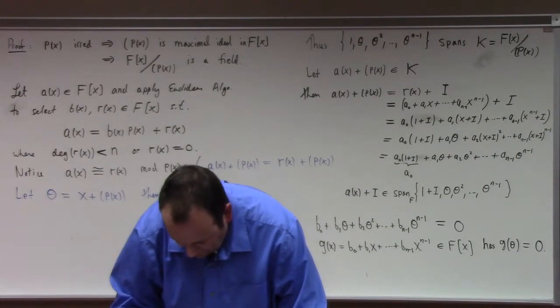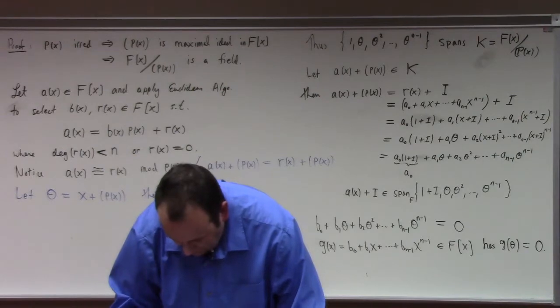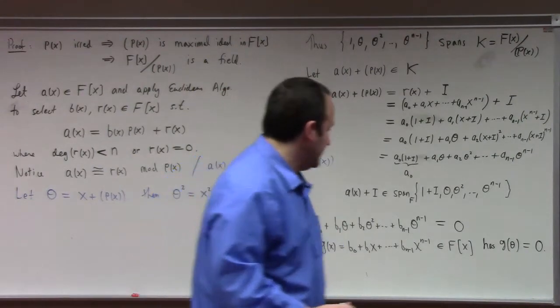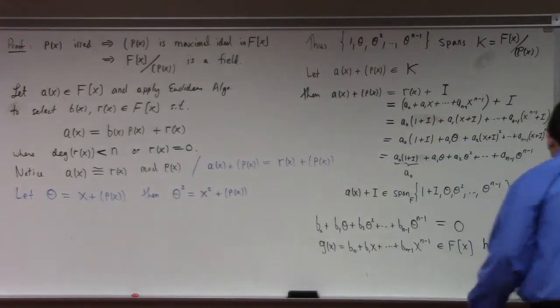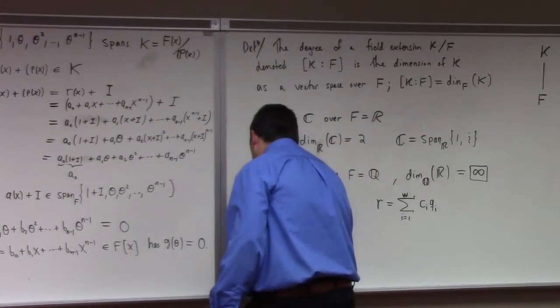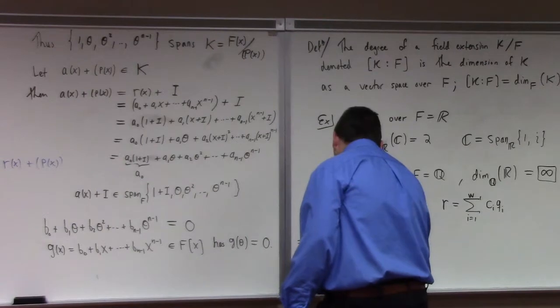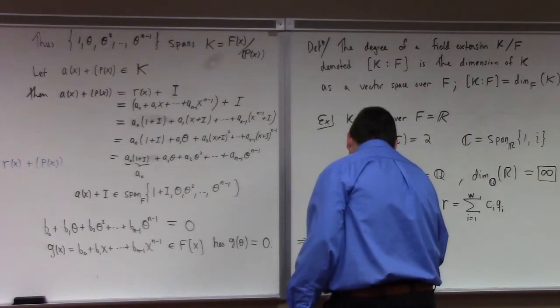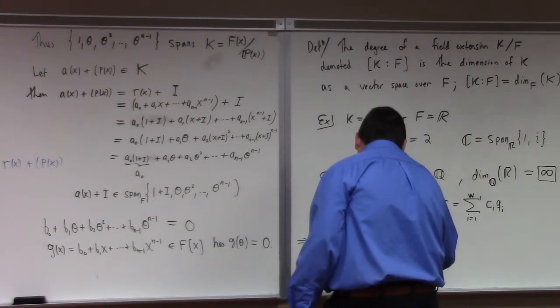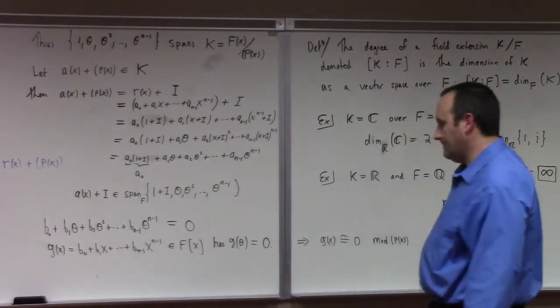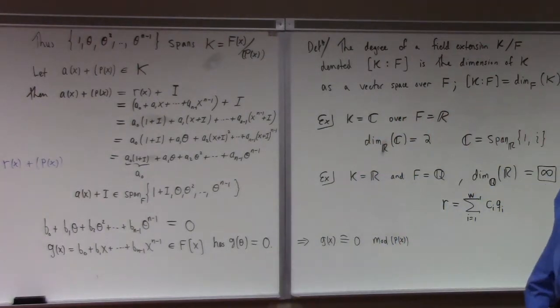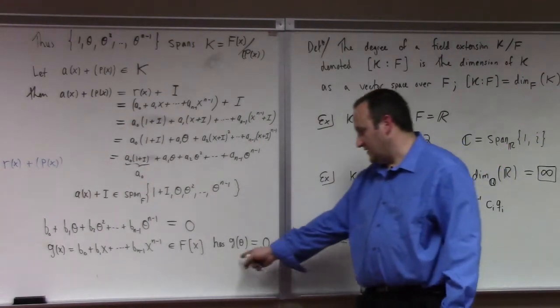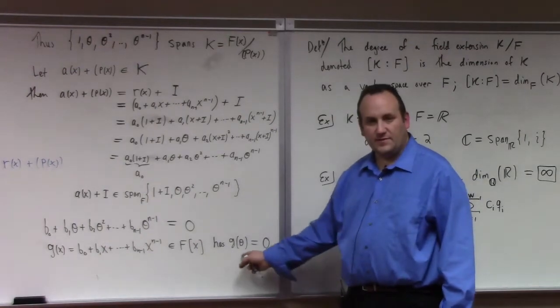So he points out that this polynomial would be congruent to 0 mod p of x. So this would say that g of x is congruent to 0 mod p of x. But what would the problem with that be? I mean, that's what this equals to 0 means. It means that it's a multiple of p of x.